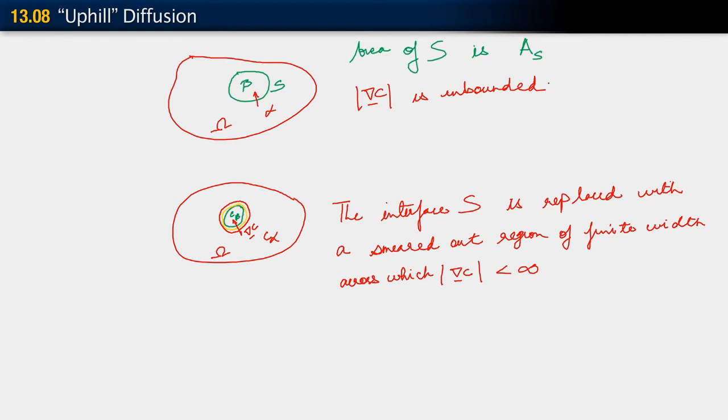So what is the overall effect here? Whereas the total free energy in the case with a sharp interface would be the integral of gamma dA over that interface, in this case the free energy of the smeared out interface is the integral over the whole body of gamma V dV.